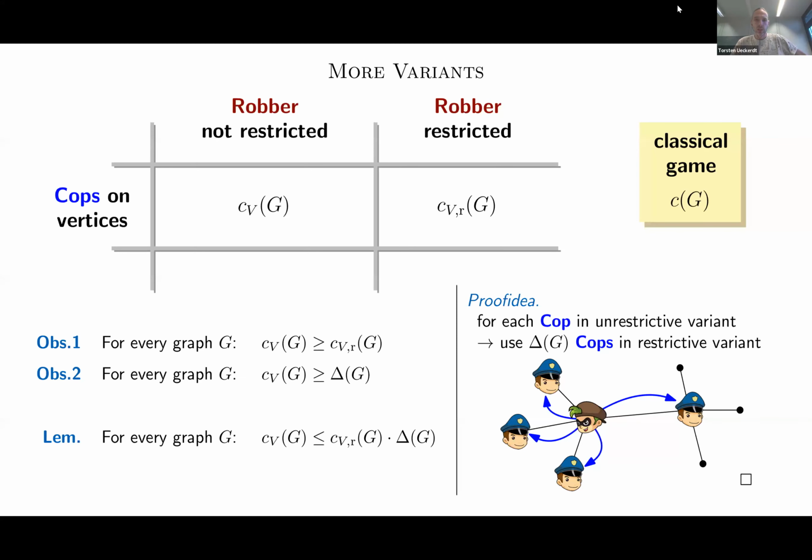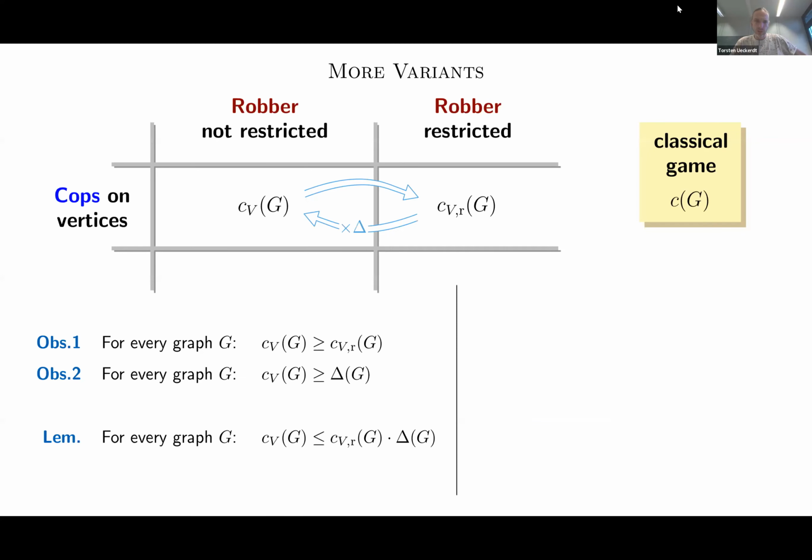Let me denote this in this table with these arrows. What does it mean? I see it as this: if I have a good strategy here, I can convert it into a strategy here with the same number of cops.